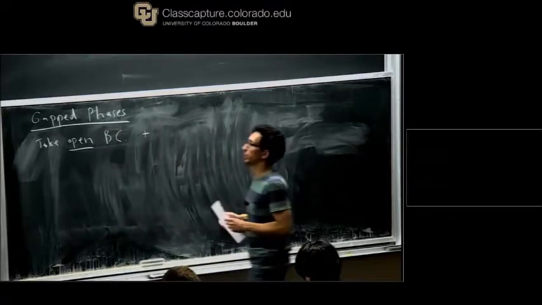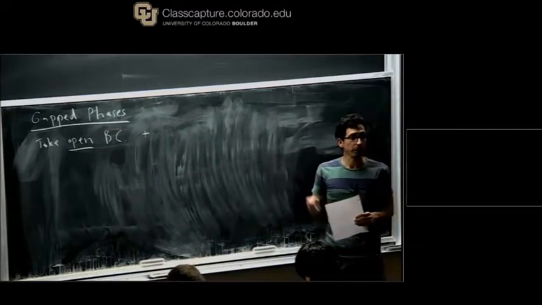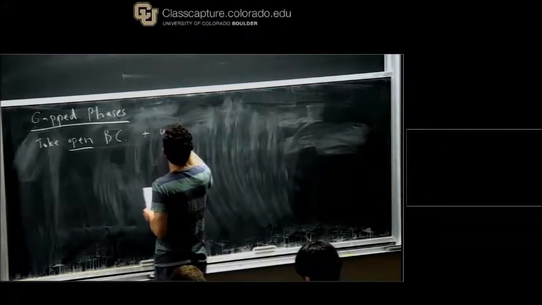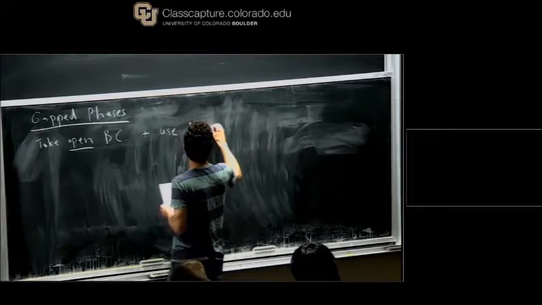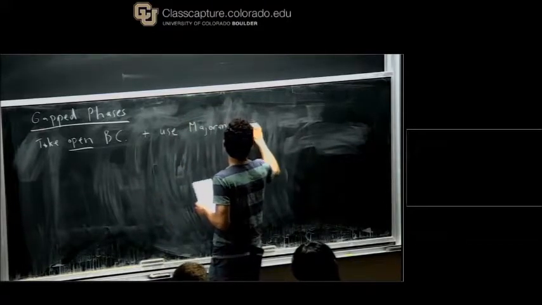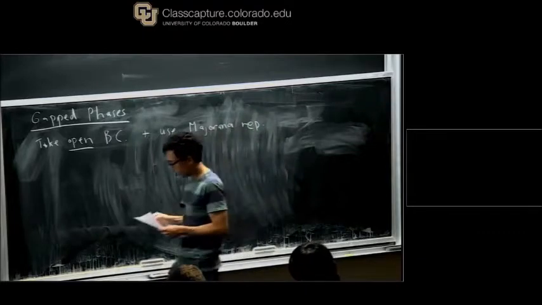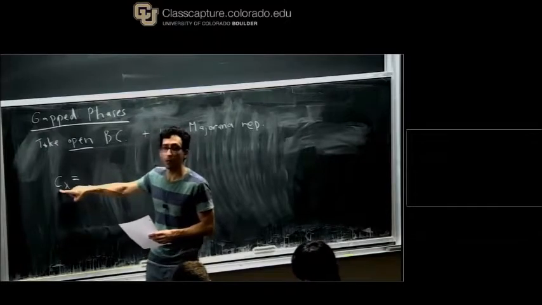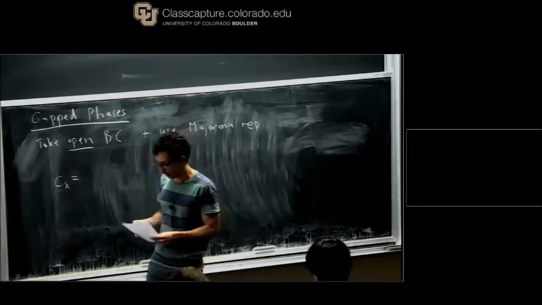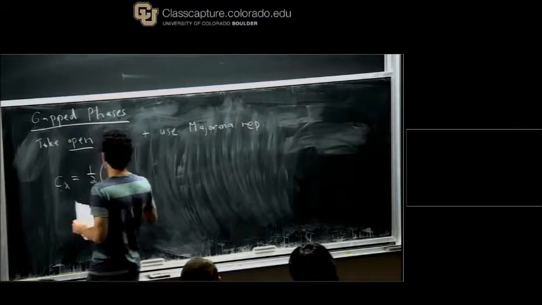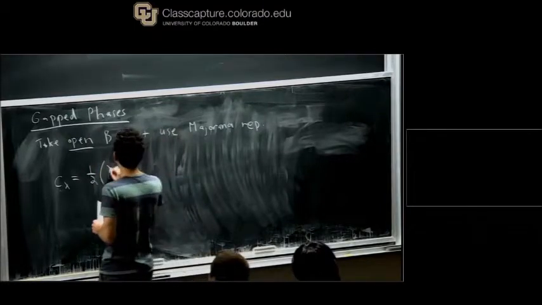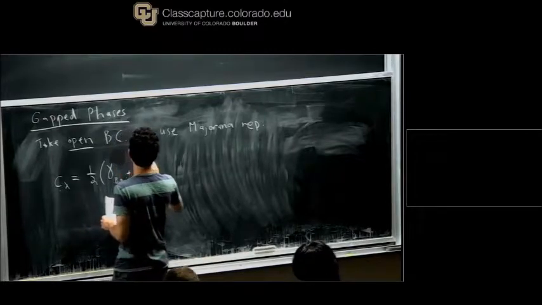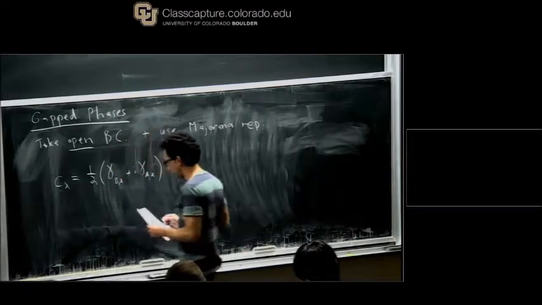And I'm also going to introduce a Majorana representation of the Hamiltonian. More specifically, I'm going to decompose my original spinless fermion operators C_x in terms of a pair of so-called Majorana operators. I'll write C_x = 1/2 times (gamma_b at site x plus i times gamma_a at site x).